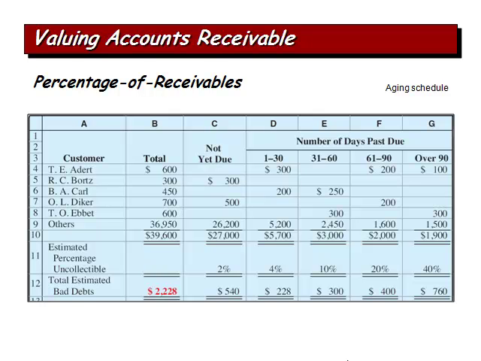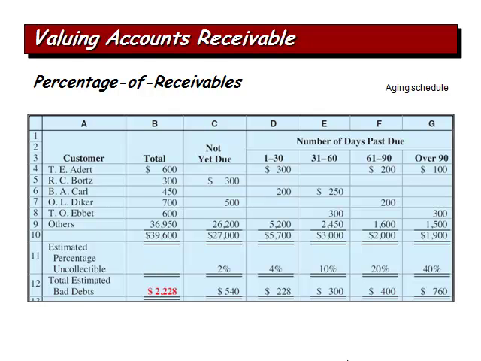So we go through and analyze all of these accounts receivable. There's a total of $39,600 in accounts receivable. $27,000 of it is not yet due, and then from 1 to 30 days there's $5,700, 31 to 60 days there's $3,000 that are past due, and so on.